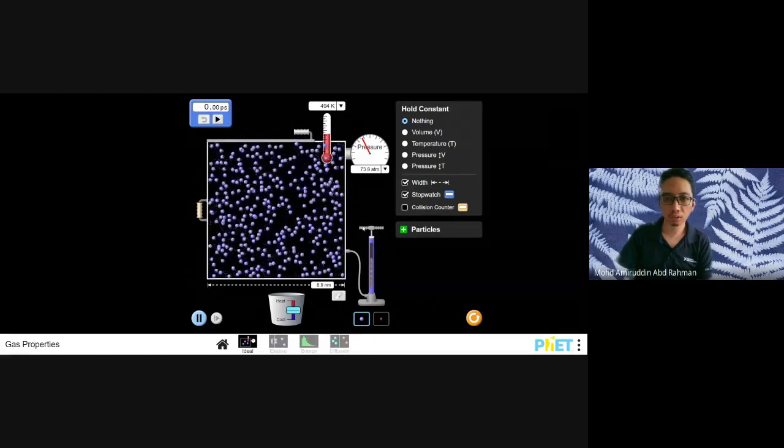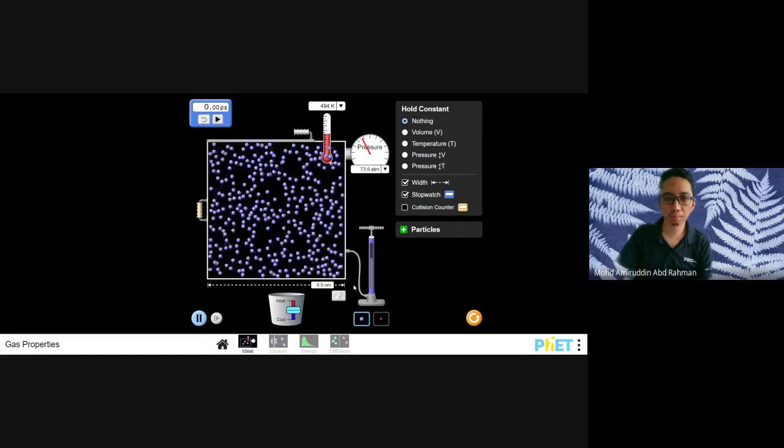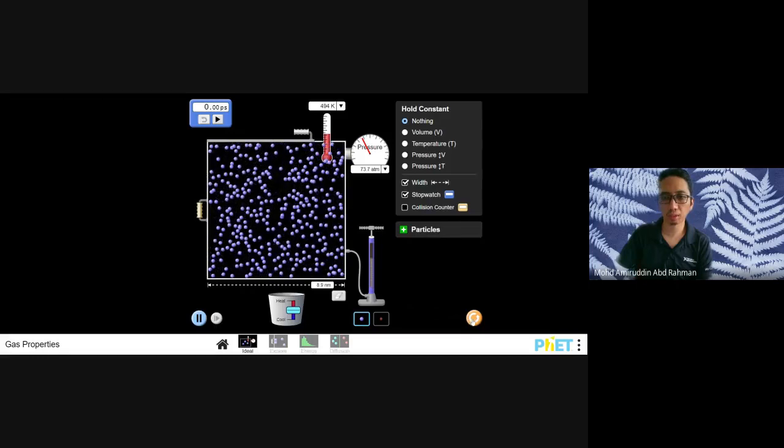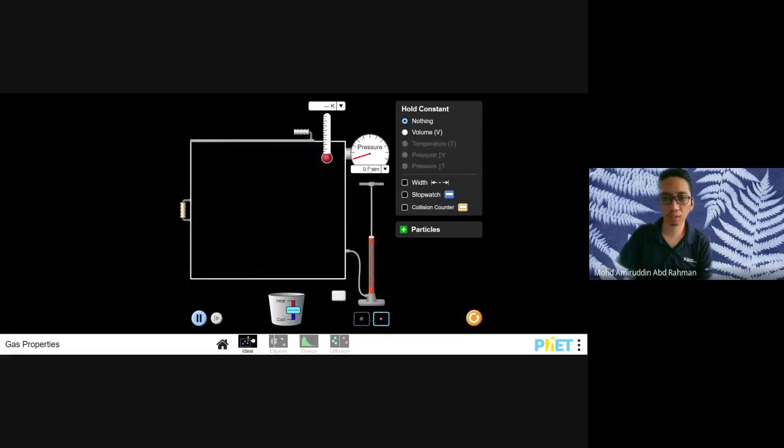After you change, you just pump it. So let's say change, you pump it, so this is now the red one. You can see that because it is much lighter, it will travel faster. So that's the difference between the red molecules and the blue molecules.